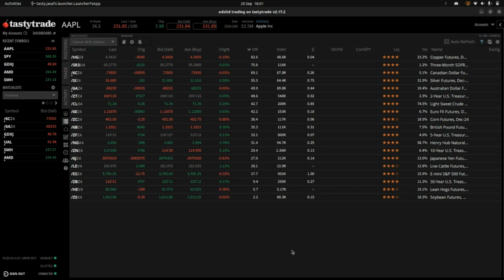A lot of things are taken into account when calculating your buying power when it comes to futures: the volatility of the product, the size of the product, what else is in your portfolio. Everything is taken into account. And basically, long story short, it means that you can be far more capital efficient with futures. So let's have a look.